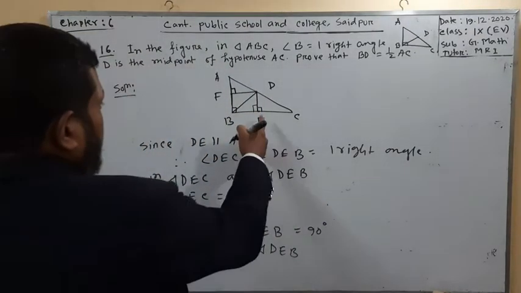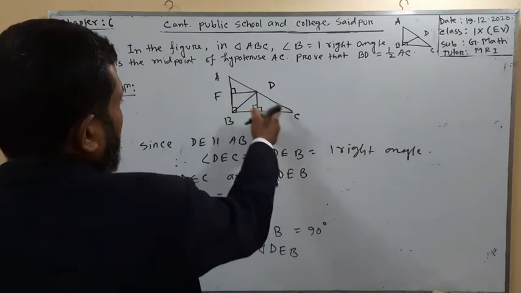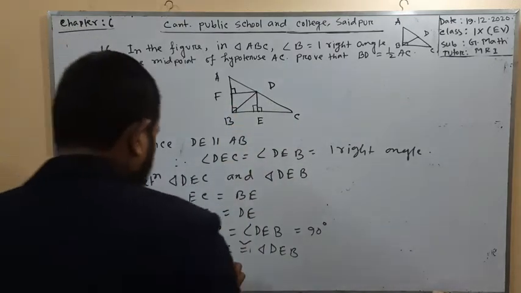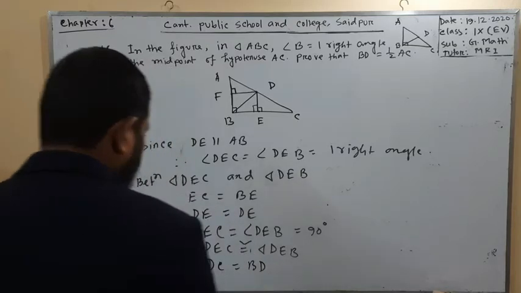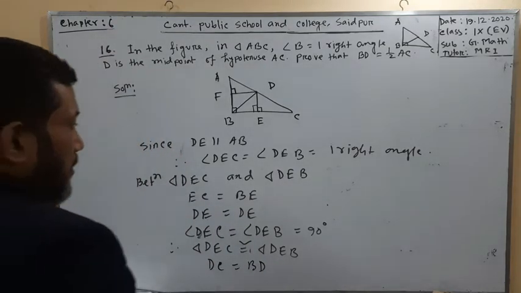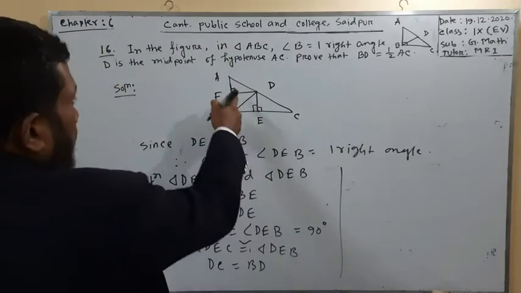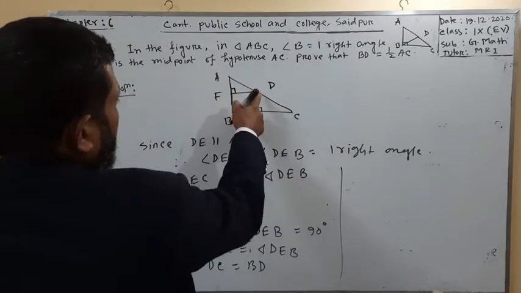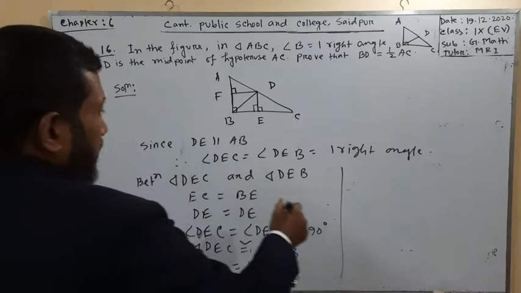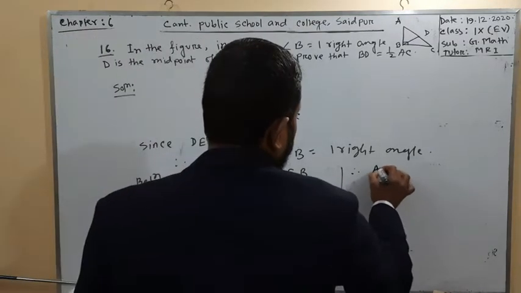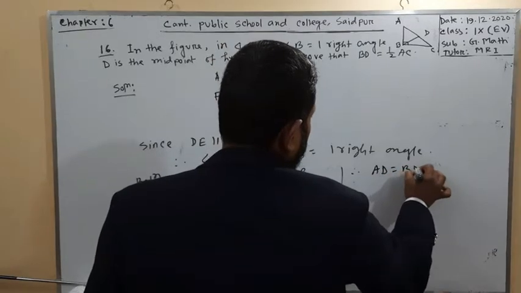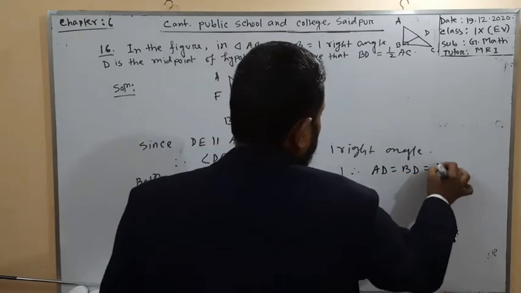That is, here DC is equal to BD. So here AD is equal to BD and DC is equal to BD. We can write here AD is equal to BD is equal to DC.